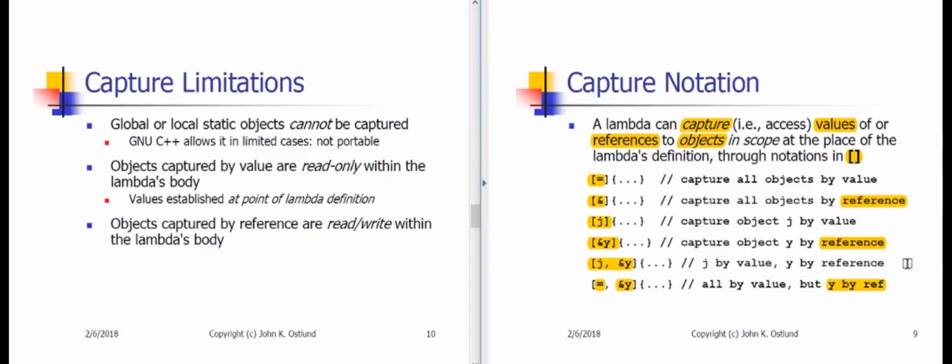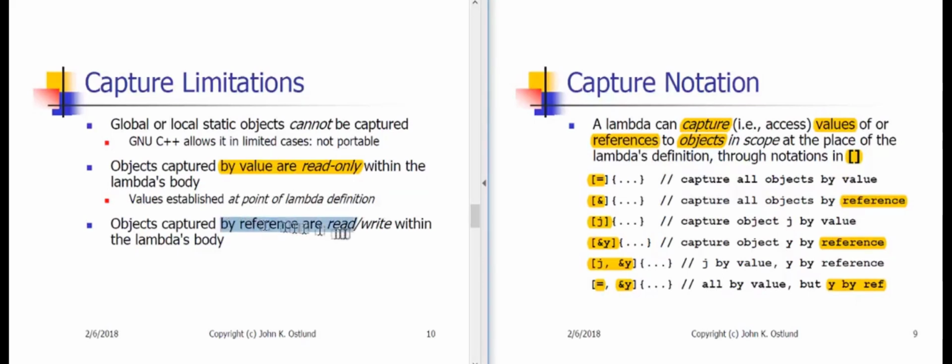So within the body of this lambda, I will be able to access all of the objects that are in scope at the point where I have defined this lambda. Almost all of these I will be accessing by value, with the exception of y, which I will be accessing by reference. Okay, so if you capture an object by value, that means that you want to have read-only access to that object within the body of your lambda.